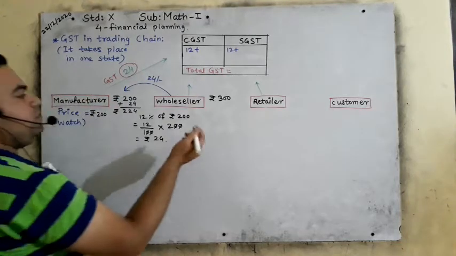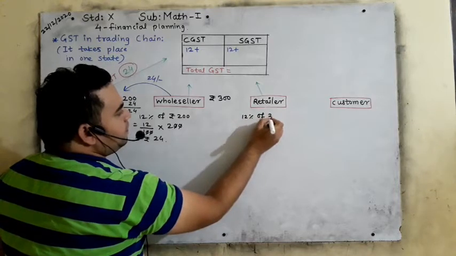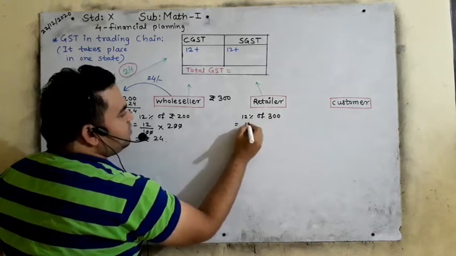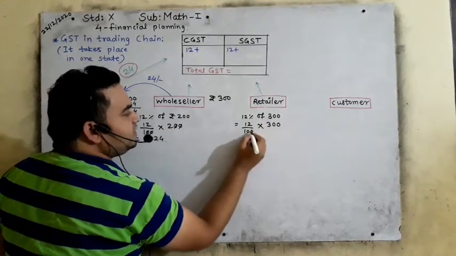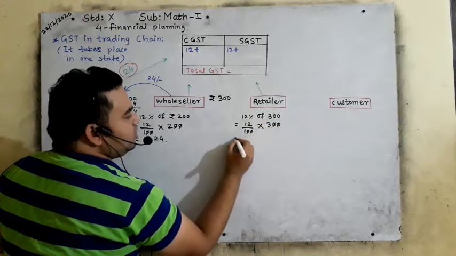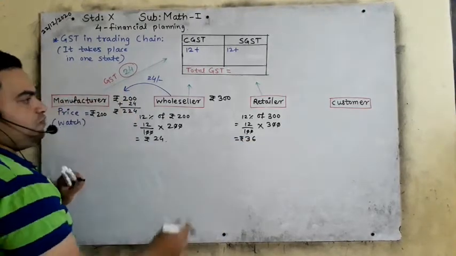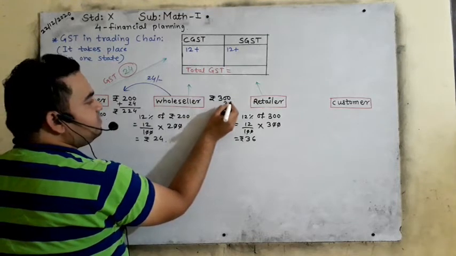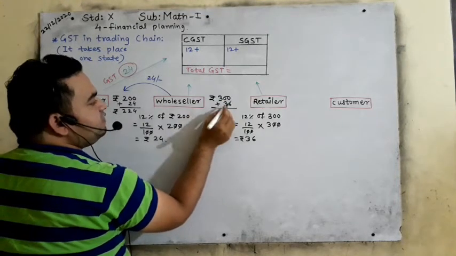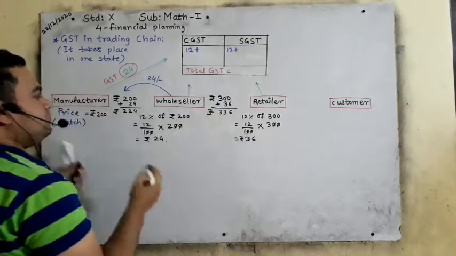Again he will take 12% of 300. 12% means 12 upon 100, of means multiplication, times 300. The zeros will get cancelled. 12 threes are 36 rupees. So 36 rupees extra the retailer will pay to the wholesaler on that watch. So how much will he pay in total? 336 rupees.